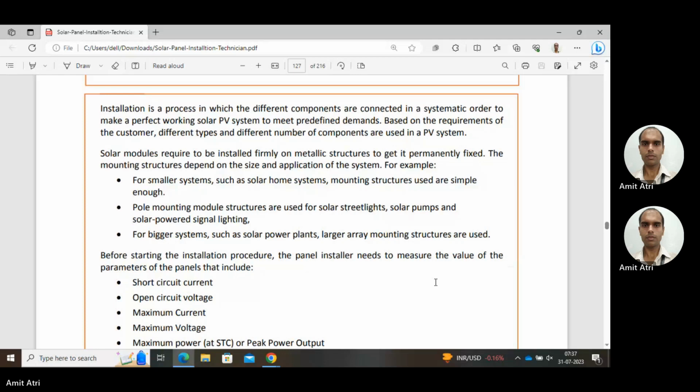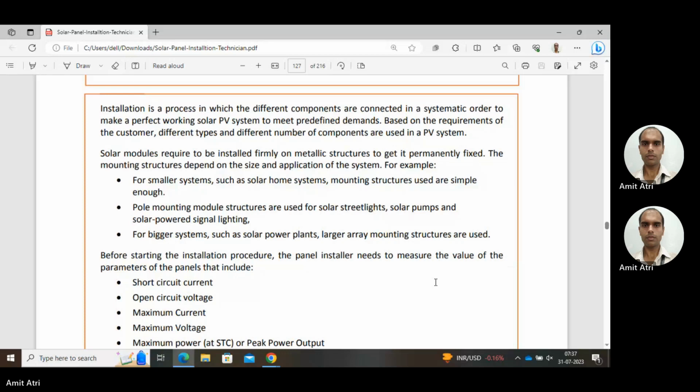Solar modules need to be installed firmly on metallic structures to get them permanently fixed. This is the most important concept in the installation. The structure where we are fixing the solar panels has to operate for a long life of approximately 25 years, so our structure should be strong enough to last that long.